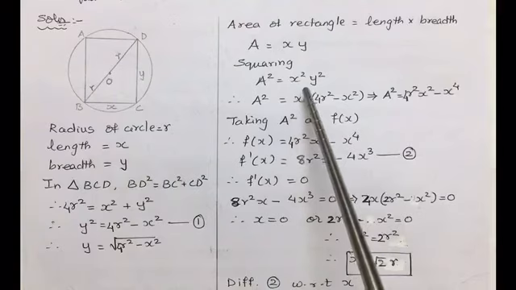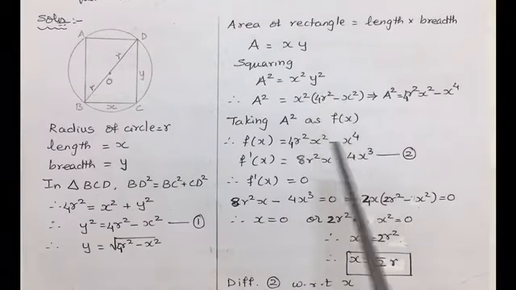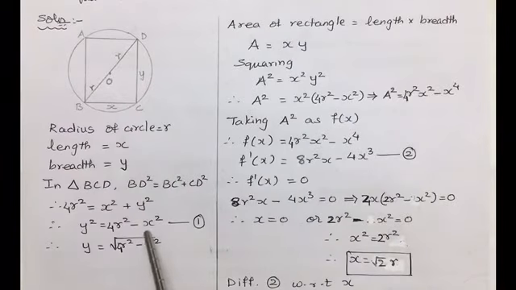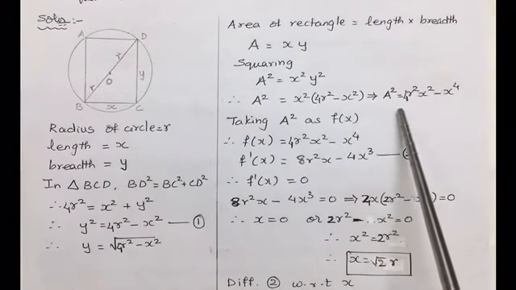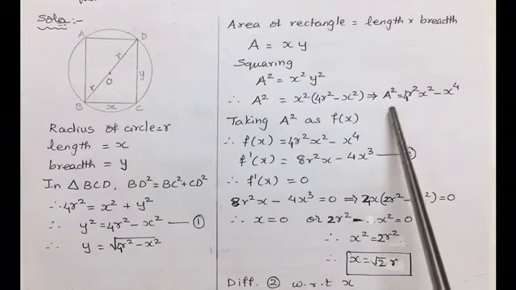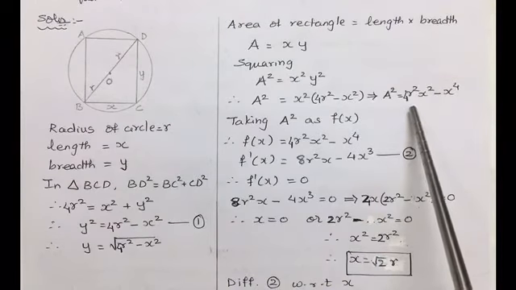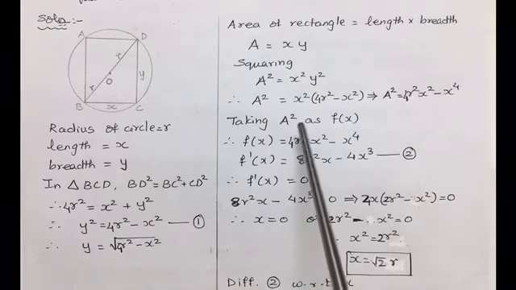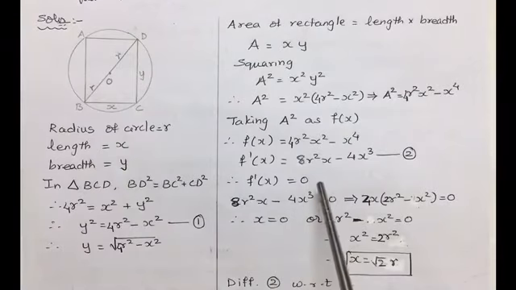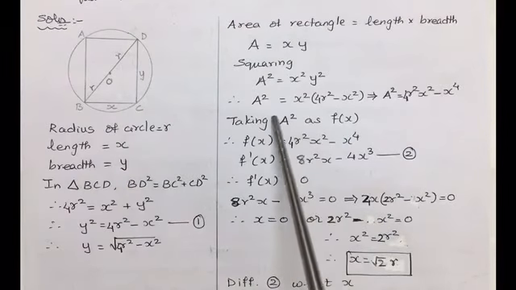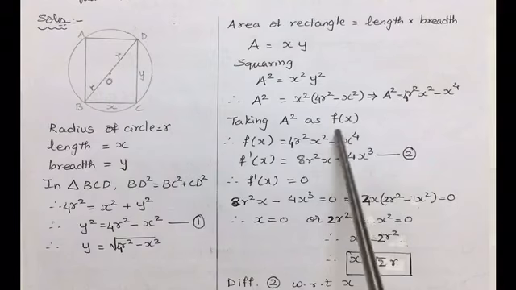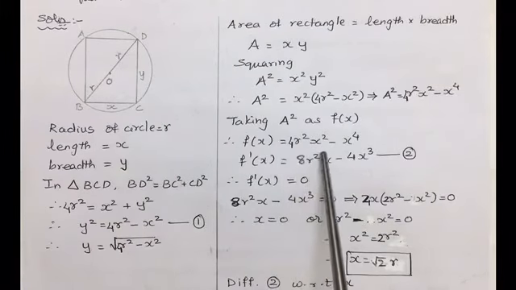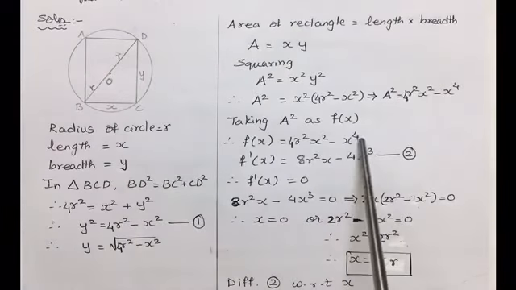So A square is equal to x square y square, keeping y square as 4r square minus x square. We get, after opening the bracket, A square is equal to 4r square x square minus x raised to 4. Now to make our calculation easier, we will assume A square as f of x. So f of x is equal to 4r square x square minus x raised to 4.